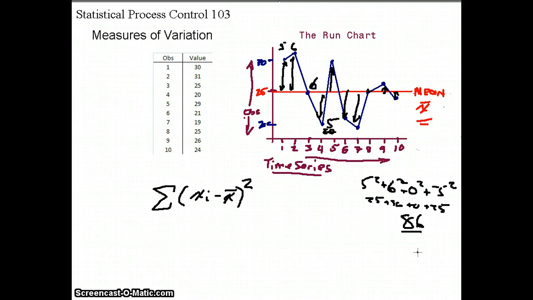Well, what if we kept going? Say we added this one, which is 29, so that's 4 away, and then 21 is also 4 away, and then 25, which is 0, and then 19, which is 6 away, and then 25, again 0.